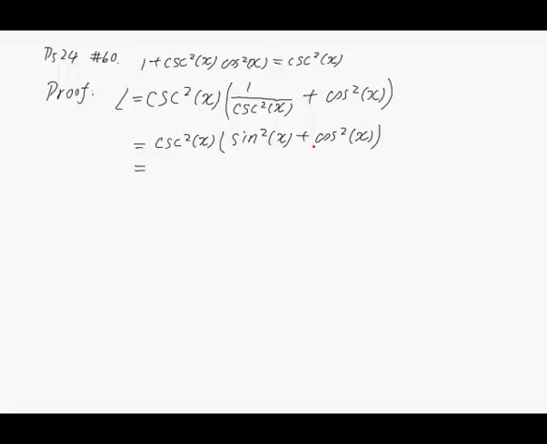You get 1 for this part. So you have the cosecant square x. And then we know this one is just equal to the right hand side, right? So L is equal to R. So that means this equation is really an identity. And then we finish the proof of this problem.